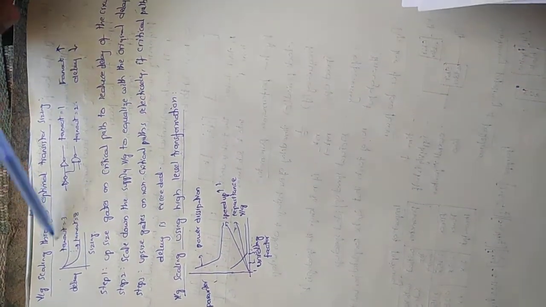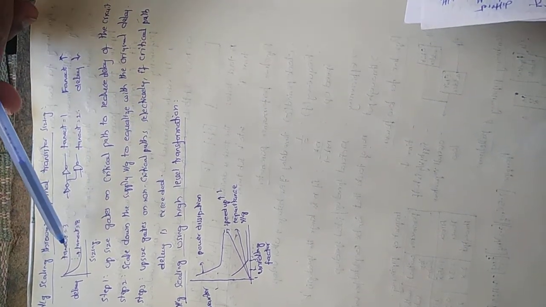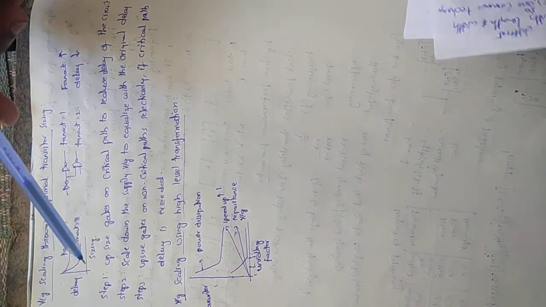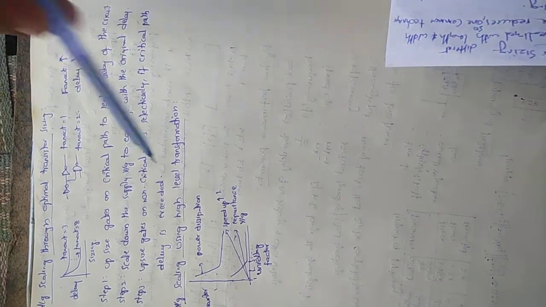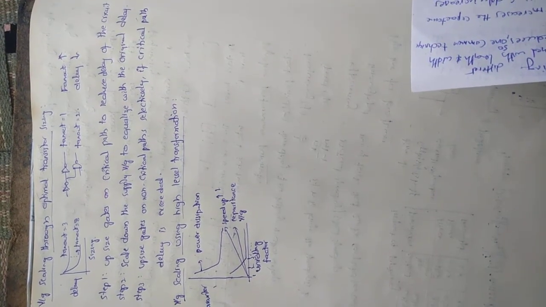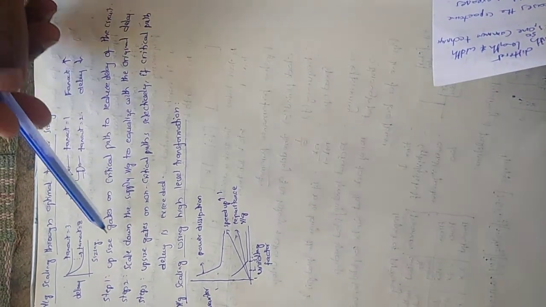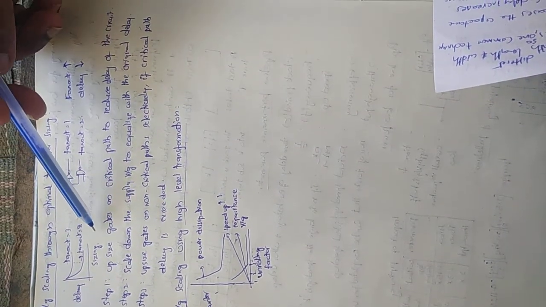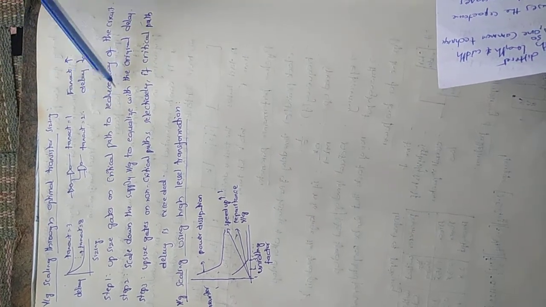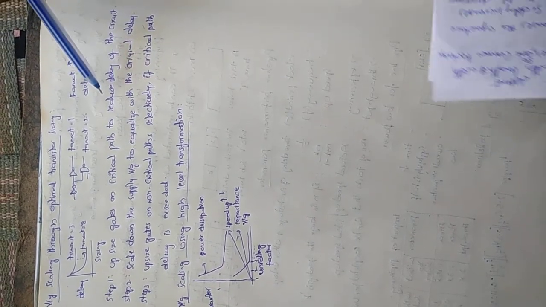I have represented the same thing using a graph. Now we can go for the steps. Sizing is increased in the gates of a critical path. If we do the sizing here, the delay is reduced.